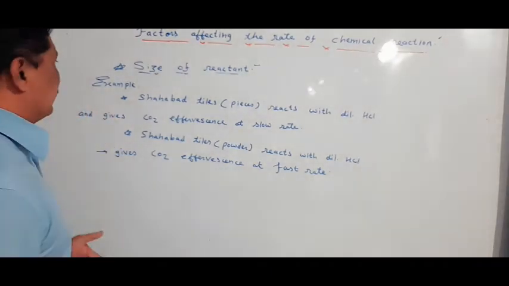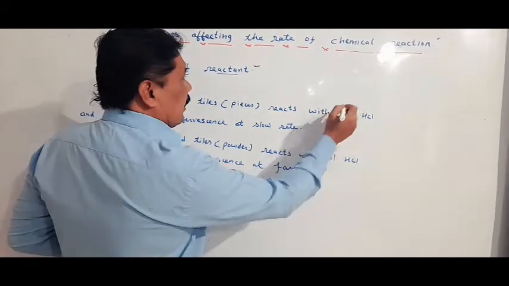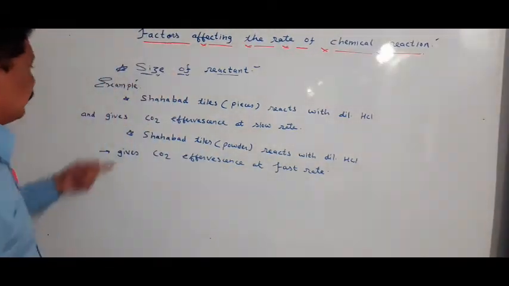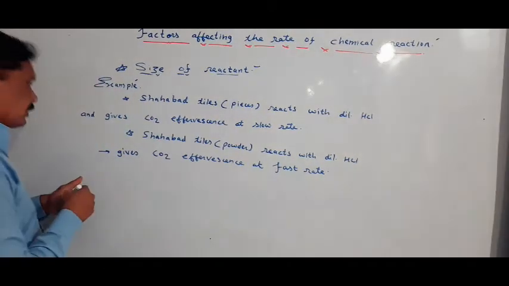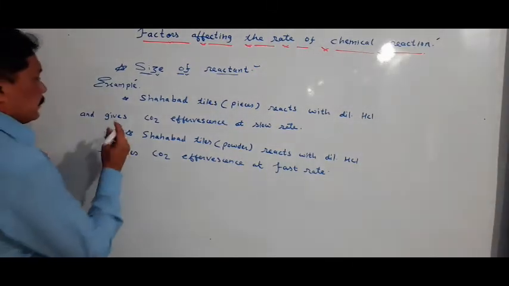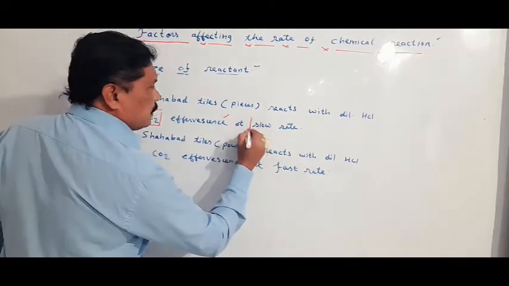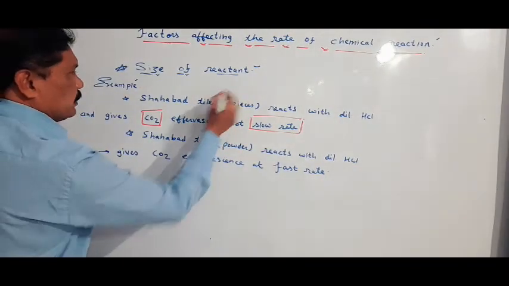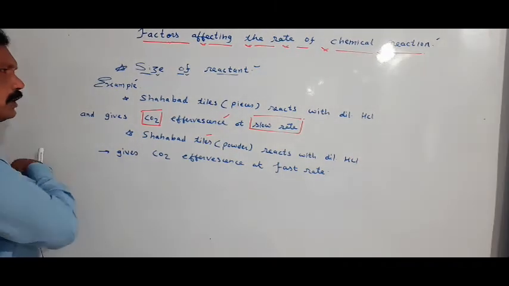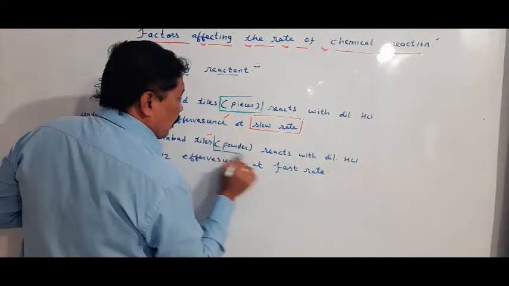Here we will take example. Shahabad tiles, if we take pieces and allow it to react with dilute HCl, it gives us carbon dioxide effervescence at slow rate. But if you take again the same Shahabad tiles, but in place of pieces of tiles, we take powder of Shahabad tiles.